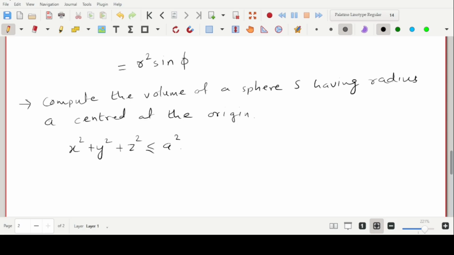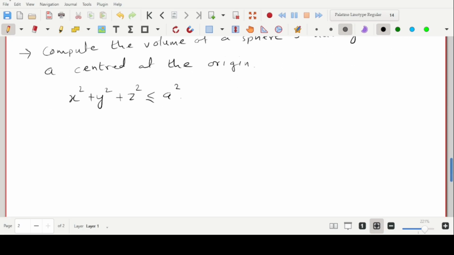We know that if we set our function to be uniformly equal to 1, and if we integrate over that region, then we get the volume of that region. So we shall integrate over this sphere by taking 1 as the function in our usual coordinate system, and that should give us the volume V of that sphere.